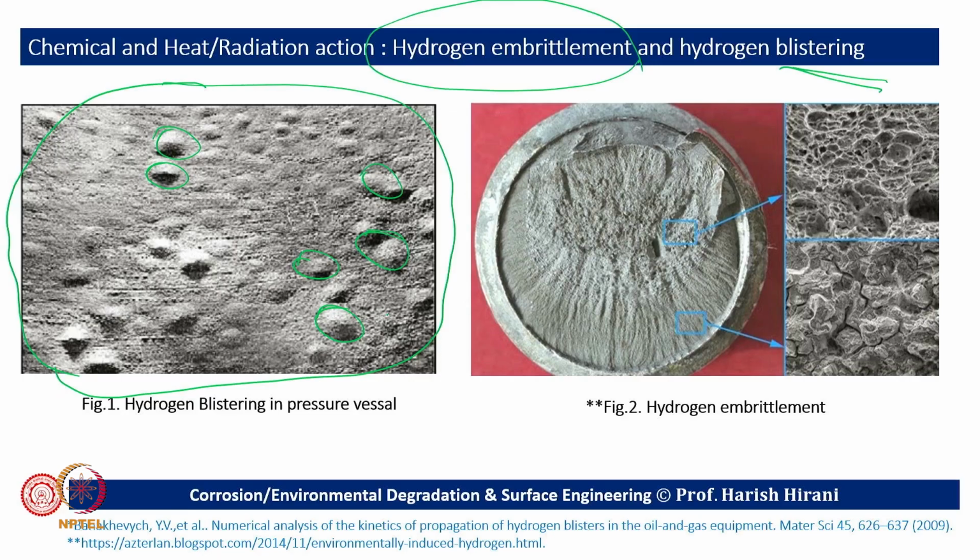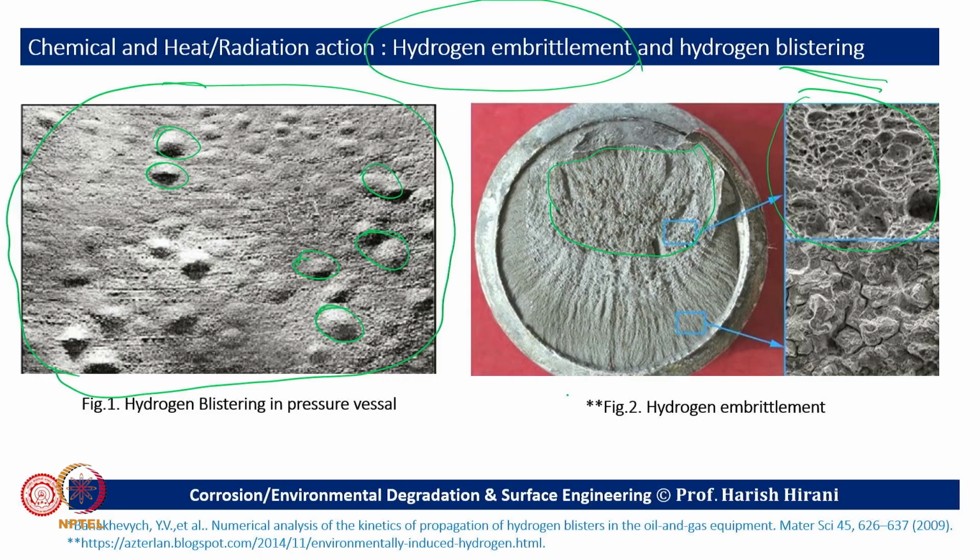Now, if I look at the fracture surface of a hydrogen embrittled material, what we were able to find is many discontinuities on the surface, and this is a kind of depression. Hydrogen embrittlement can really give us sites to increase the crack size.